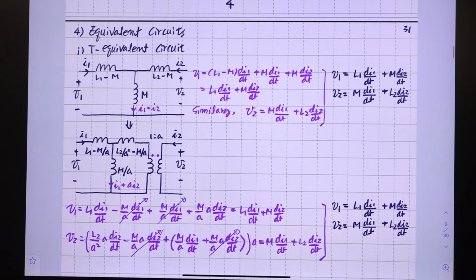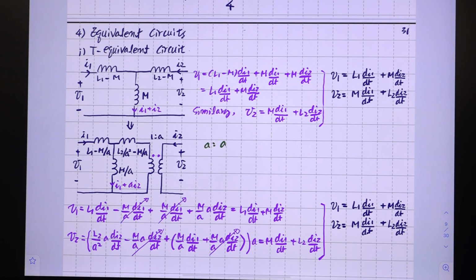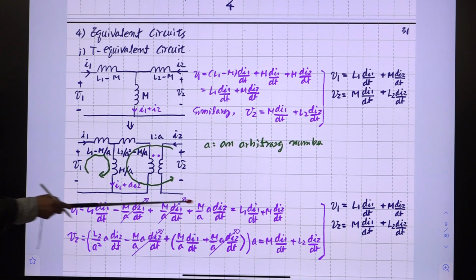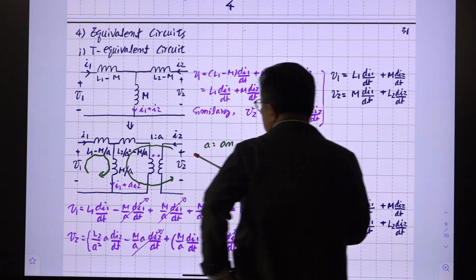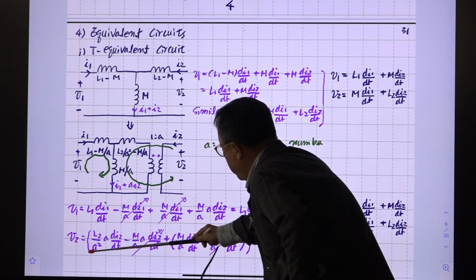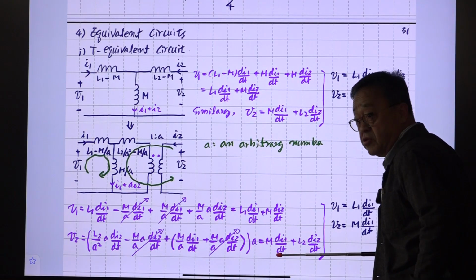So A is an arbitrary number, and you set up KCL here and another KCL through this path, right? So this is the equation of this one. It simplifies to this by this cancellation, and another KCL equation, which is this, simplifies to this one. So they are the same thing.